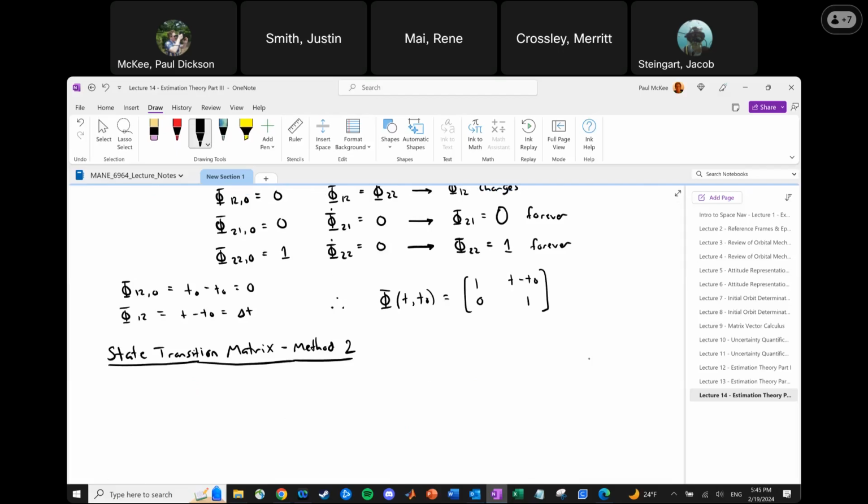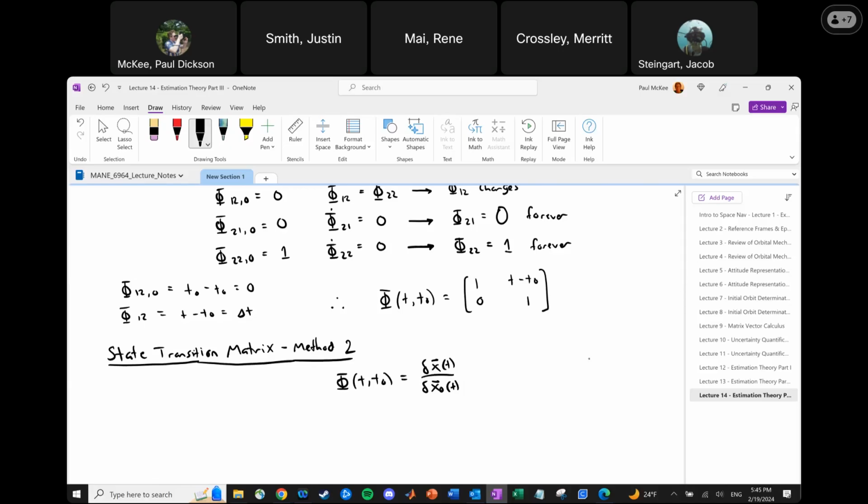Nice. Okay, cool. So here's really what's going on with the state transition matrix. Phi mapping between the time and the initial time is really the derivative of the state with respect to the initial state. You can think of it as a Jacobian, which tells us the sensitivity of some vector to some other vector, and we find that by taking the derivative of a vector with respect to a vector.